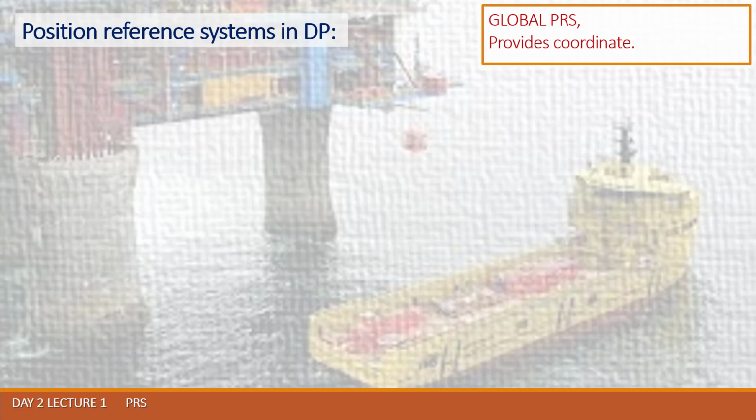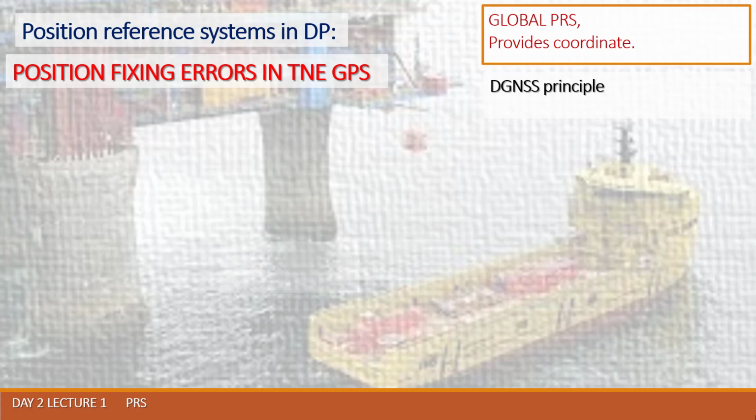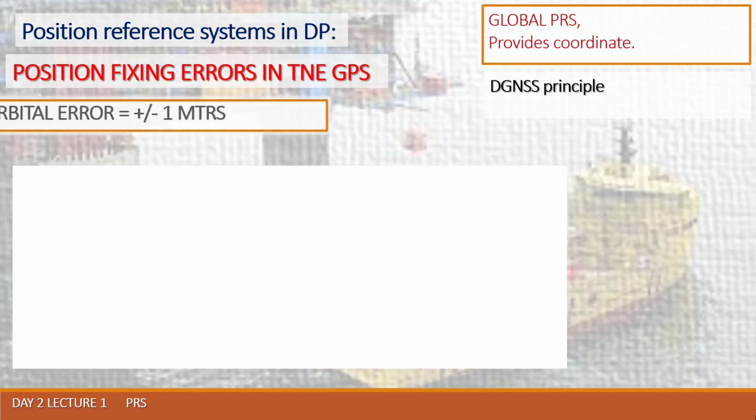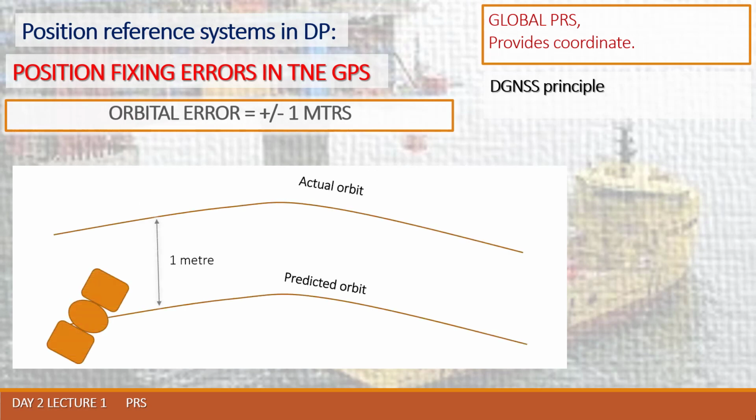One of the errors in the coordinates provided by GPS is the orbital error, which varies by plus minus 1 meter, and it is presented as the deviation of the satellite vehicle from the predicted orbit in space. So in other words, the actual orbit varies by about 1 meter from the predicted orbit.